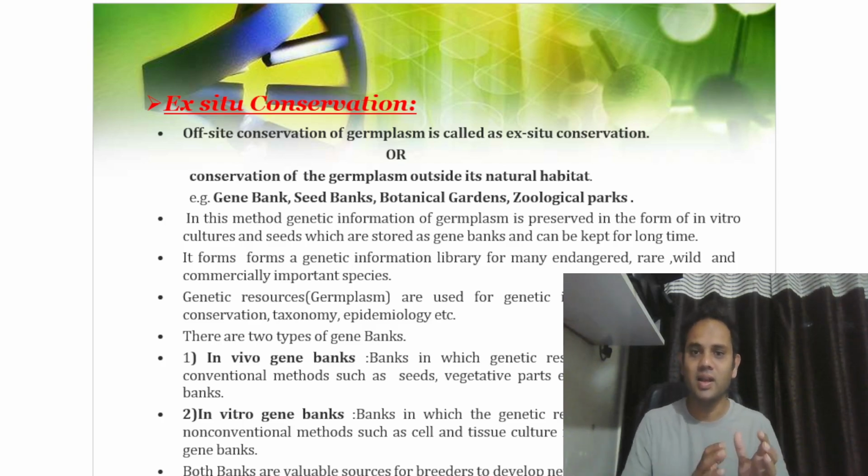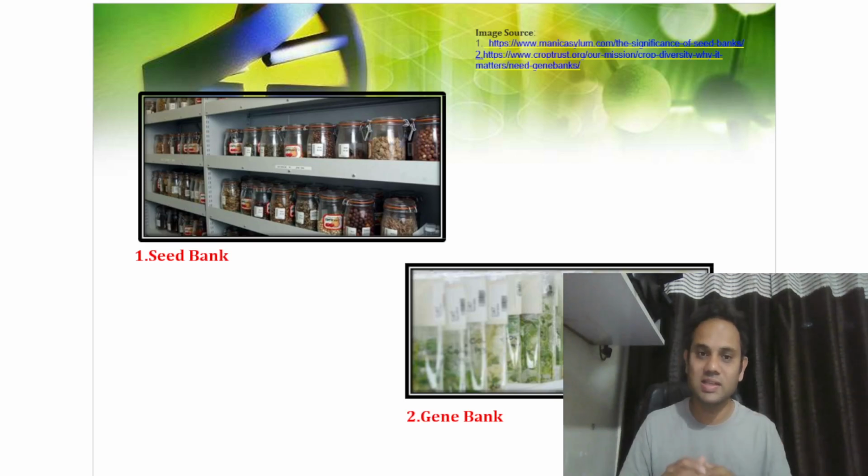Here, the germplasm is conserved outside its natural habitat. Gene banks can be in vivo or in vitro. All this comes under ex situ conservation. You can see seed banks, where seeds are preserved at one place, or gene banks and tissue culture. All these things come under ex situ conservation.